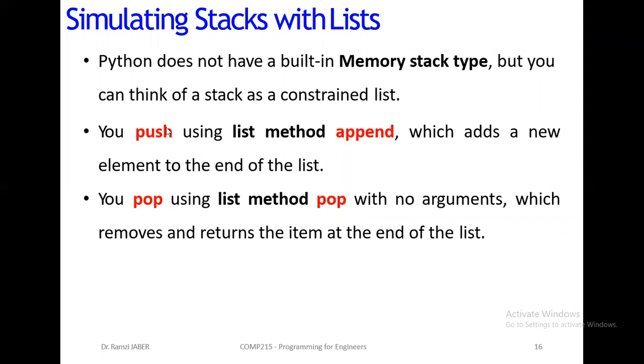Push in, pop out. Add an item, remove an item. So in Python we have that, but using append and pop. We don't have a push command, but we have append, and we also have pop.